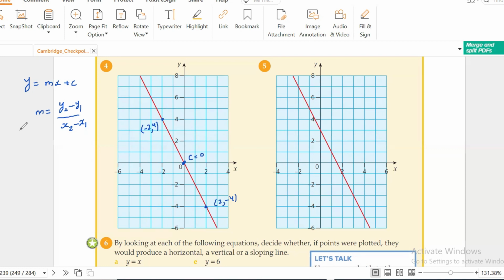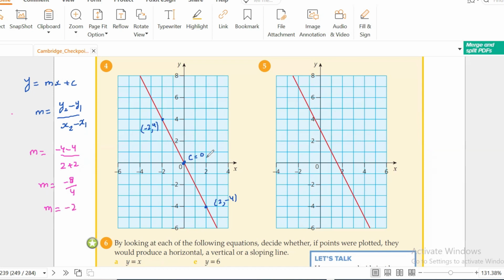We know the formula, so just apply it and replace the values. y2 minus y1, so -4 - 4 over 2 - (-2), it would be -8 over 4, which gives me -2.